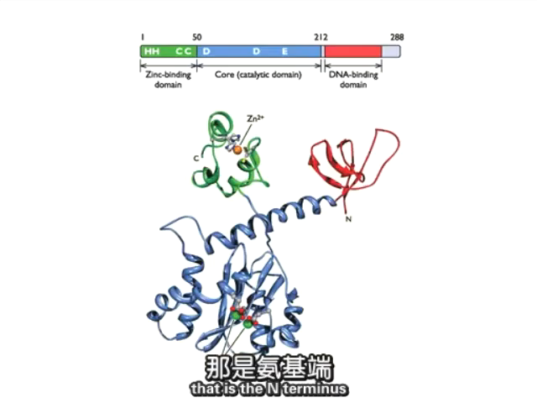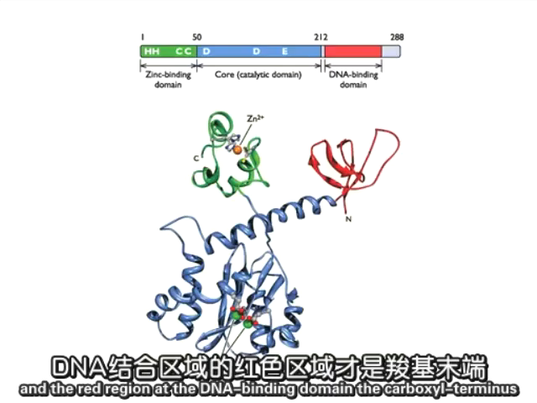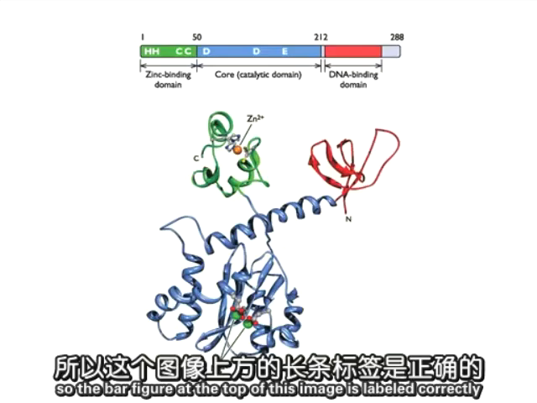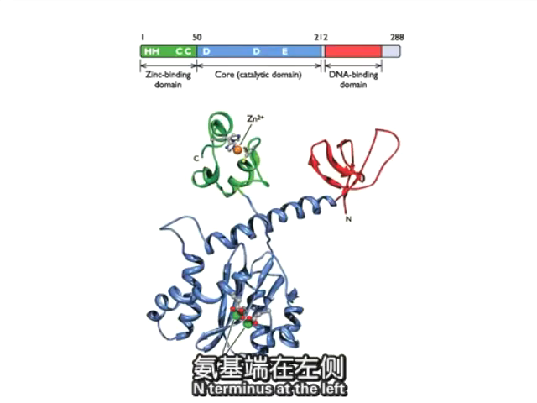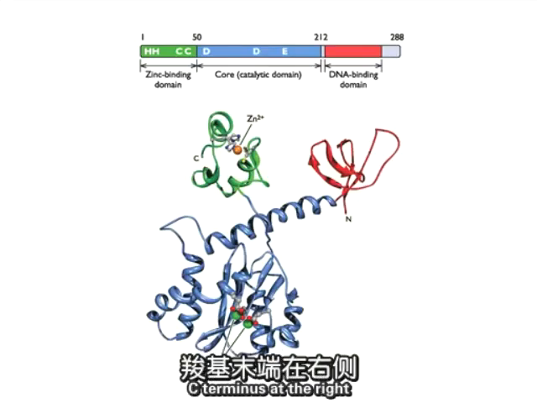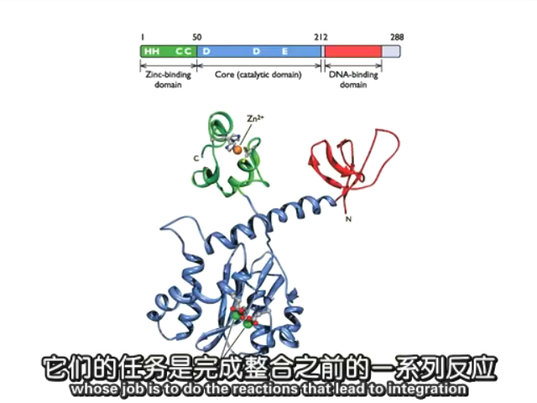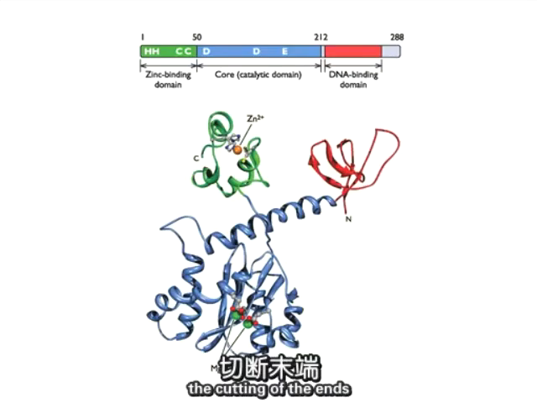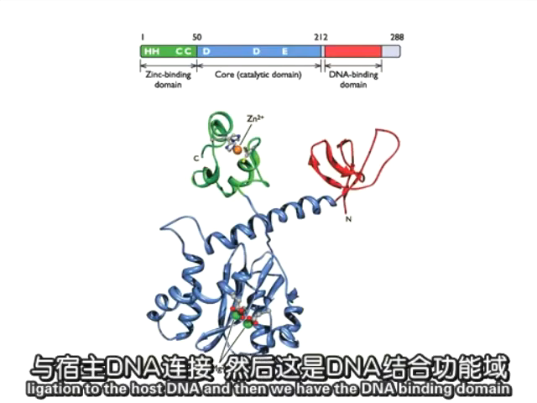That's the N-terminus. And the red region, the DNA binding domain, is the carboxy terminus. So the bar figure at the top of this image is labeled correctly, N-terminus at the left, C-terminus at the right. Whose job is to do the reactions that lead to integration, the cutting of the ends, ligation to the host DNA, and then we have a DNA binding domain.